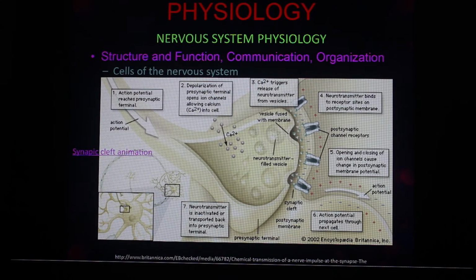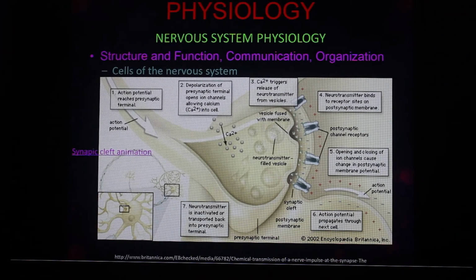So this is how our cells in the nervous system work and transmit the necessary signals to the necessary areas of the nervous system.